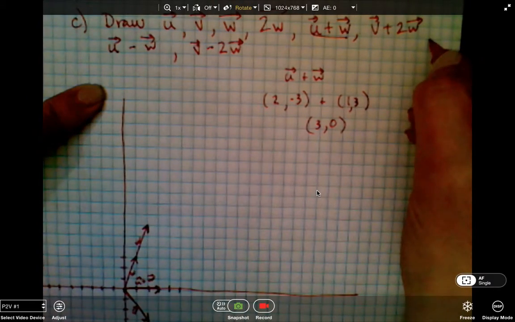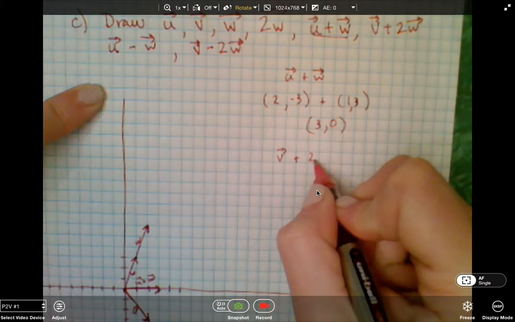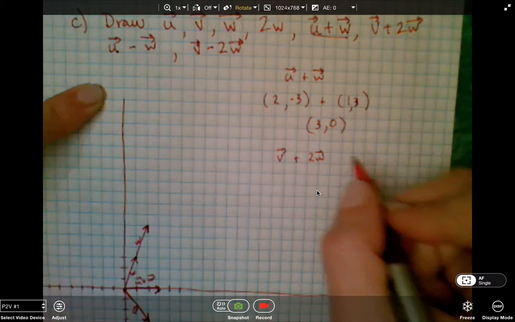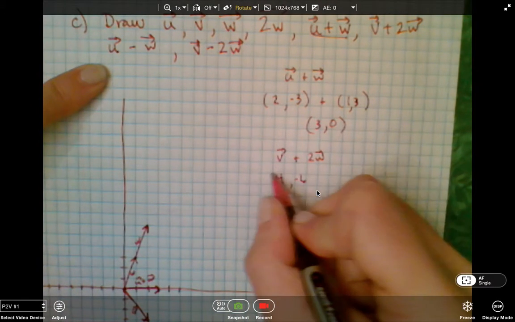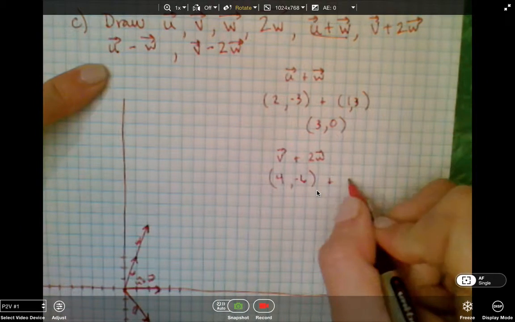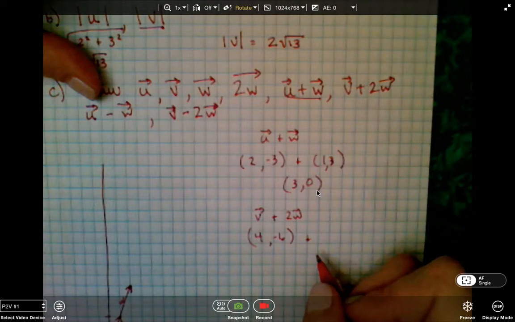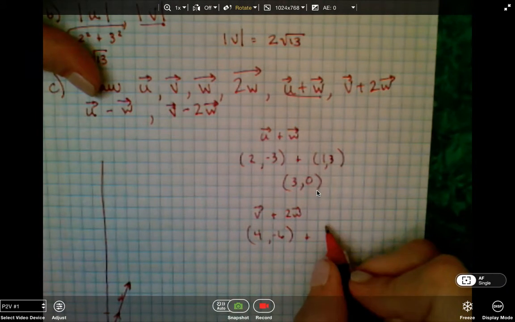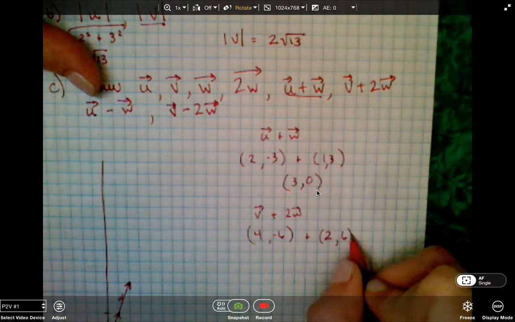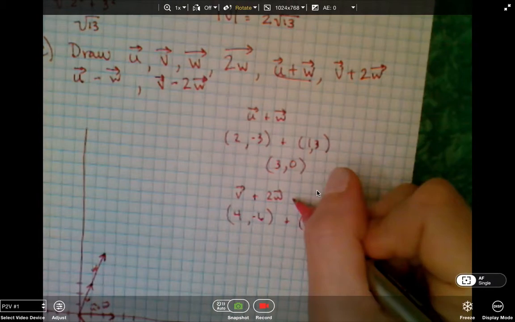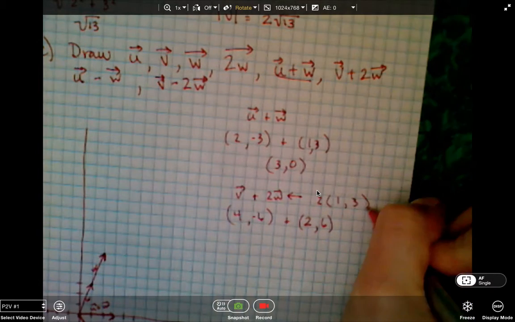V plus 2w. V is 4, -6. 2w, well, w is 1, 3, so 2w would be 2, 6. 2w is 2 times 1, 3.